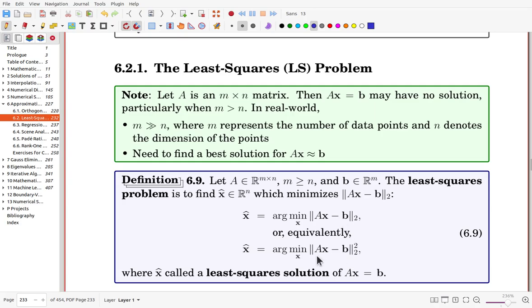The reason we formulate it in this way is that we want to ignore the square root so that we can use calculus techniques more conveniently. Here, x hat is called the least squares solution of the linear system.